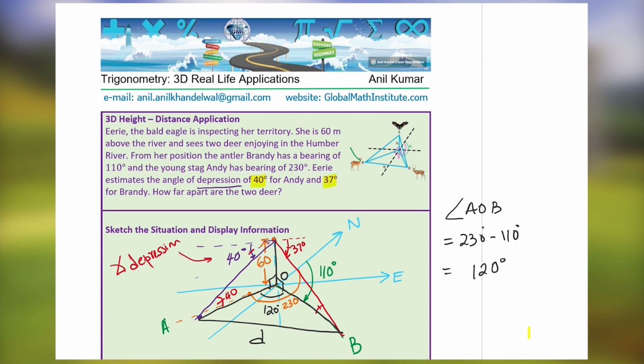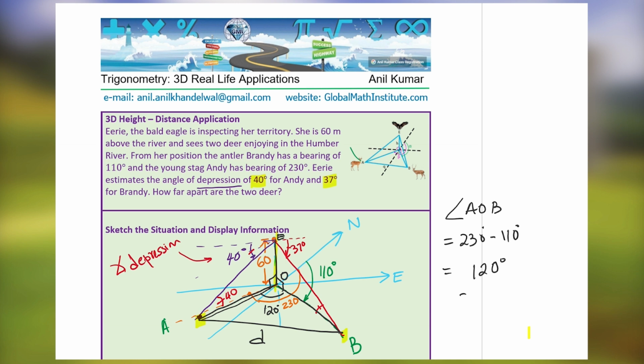So let's call this position of the bird as E, right? So I hope you have understood this strategy. How do we draw a position for a 3D word problem, correct? So we began with the bird Erie, which was at the height of 60 meters, and from there it had located two deer at positions A and B.